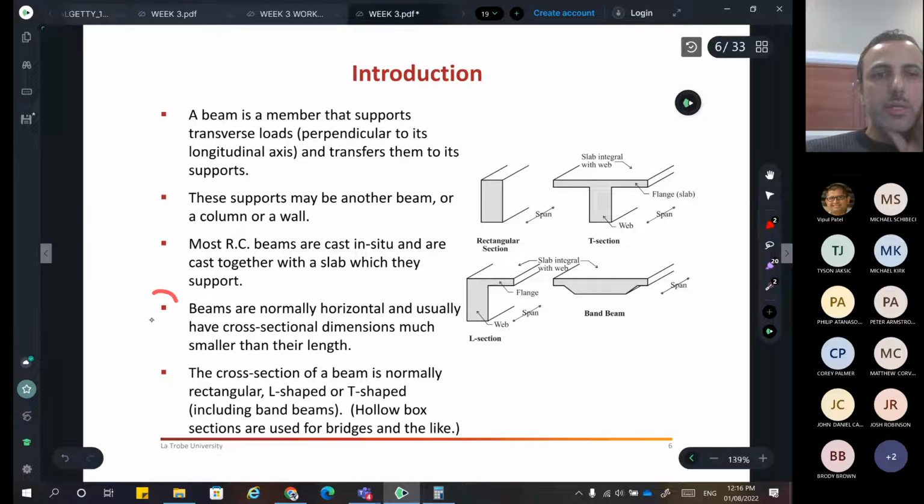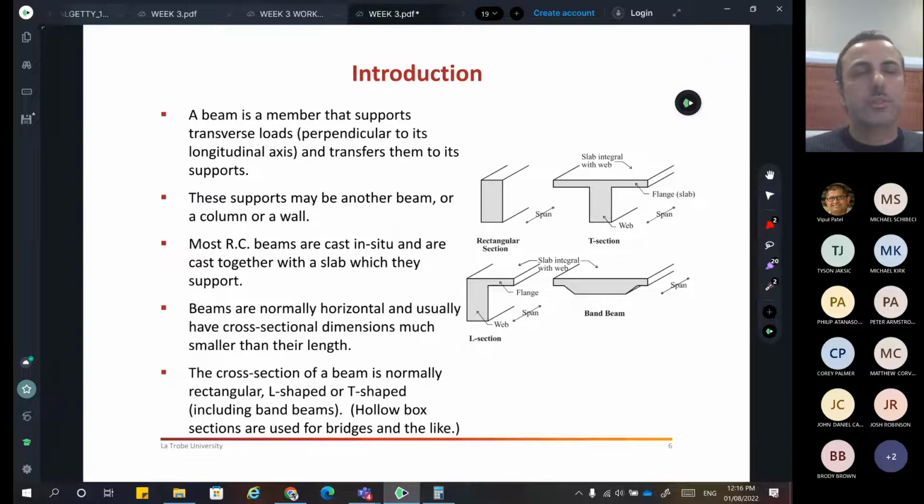All right, so the beams are typically laid, or framed, in the horizontal direction, and they have a cross section which is much smaller than the length. Usually the span can go up to 7 meters for normal reinforced concrete, not post-tension. They can go up to 7 meters easily with the normal conventional level of reinforcement.